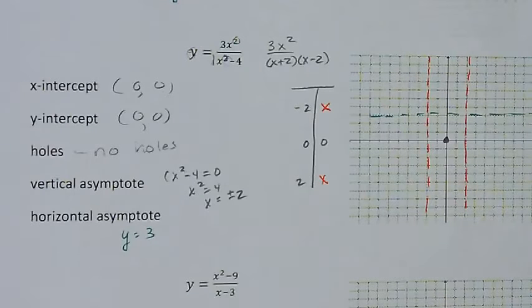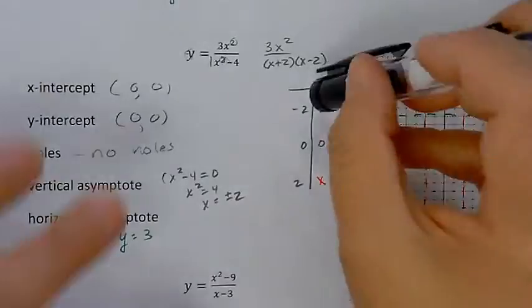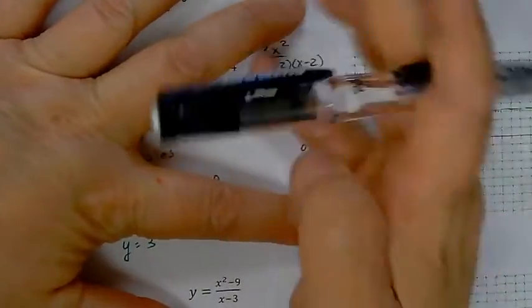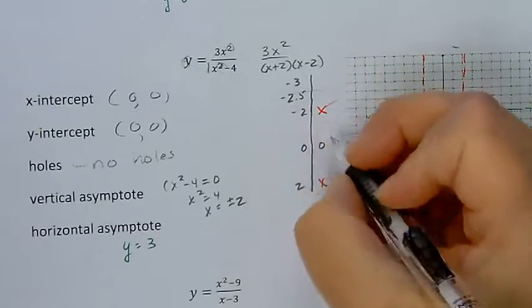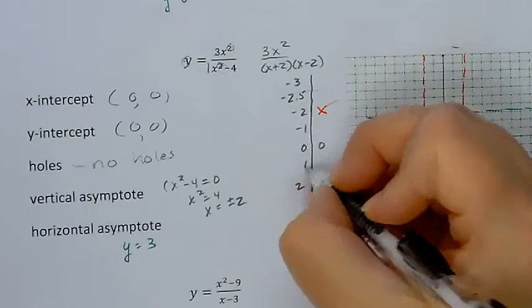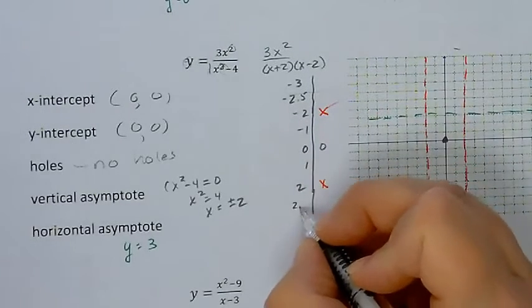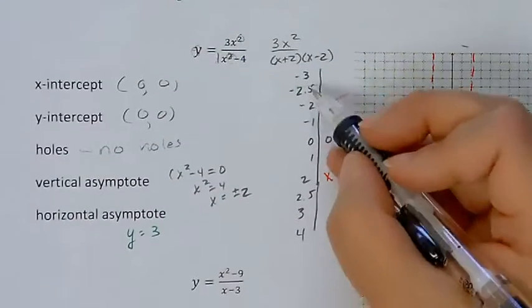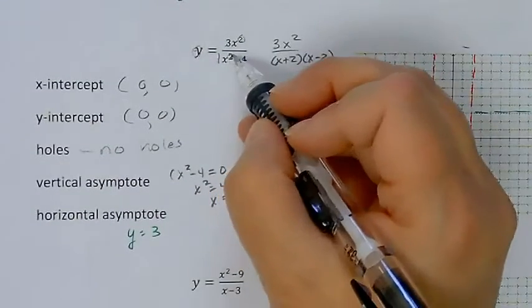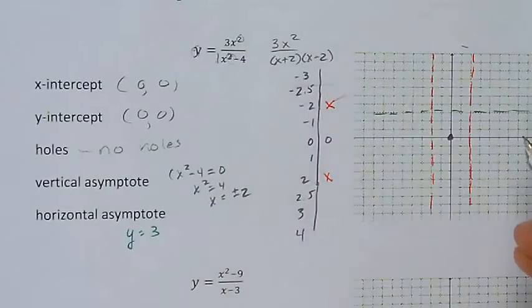All right, so I'm going to have to check out my table. I want some numbers smaller than -2, some numbers between -2 and 2, and some numbers bigger than 2. So again, for the sake of time, I could put these values in here, or I could put them in my graphing calculator.